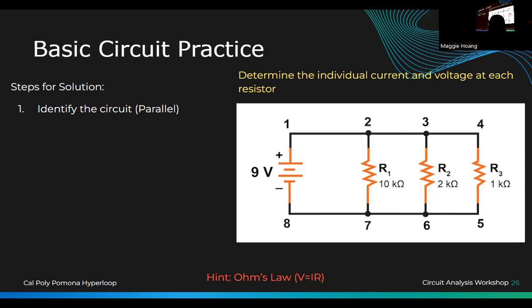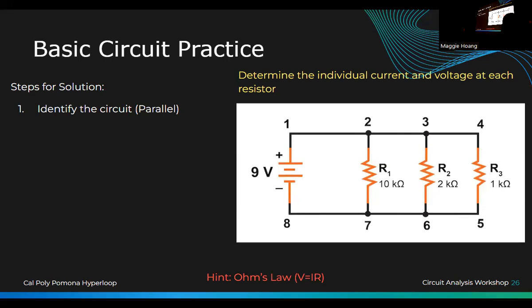So if it's 9 volts at node 1, that means that it has to be 9 volts at node 2, 9 volts at node 3, 9 volts at node 4, right? So technically, if it's asking to determine all the individual voltages at each resistor, it's going to be the same, right? So VR1, VR2, VR3 is all 9 volts, theoretically, right?